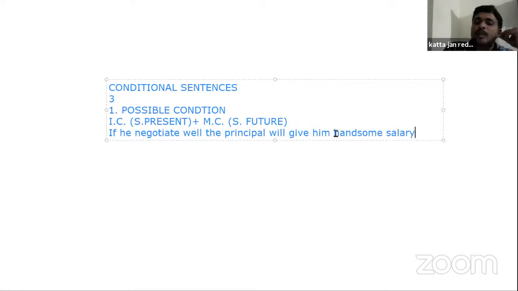So here I want to make it clear, it is a beautiful word to use for salary, right? Handsome salary means a potential salary, or sufficient salary for the work that you are doing. Okay, handsome salary. But here there is a mistake in the sentence. What is that?